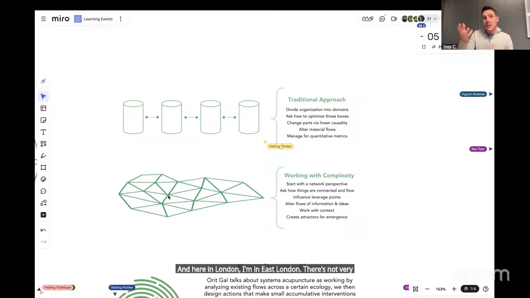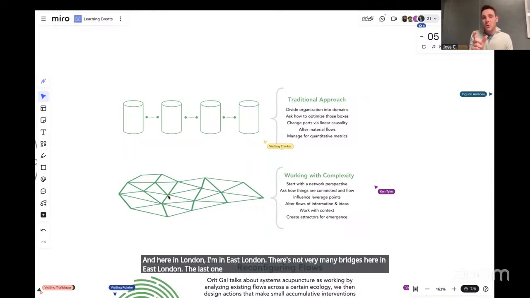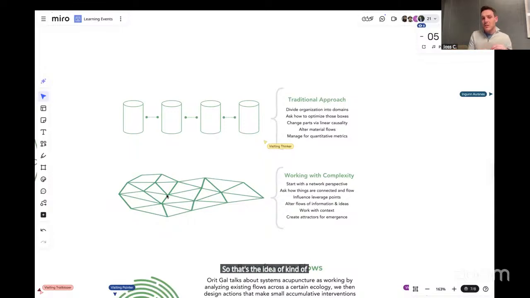The last one is Tower Bridge, and it's quite a small one, and a lot of traffic goes through it. So that's a bit of a leverage point. If we could change that, we might be able to influence a lot of the traffic in East London. So that's the idea of influencing flows within the system to try and influence the overall system.